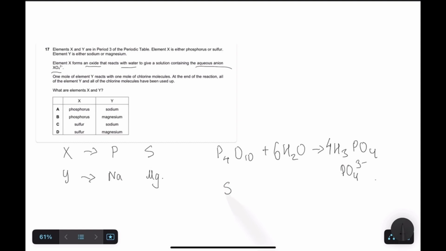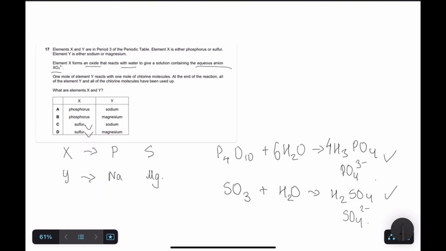And for sulfur, it forms the oxide SO3, which reacts with water to form H2SO4, sulfuric acid, with the SO4 ion having oxidation state 2-. It's already balanced. So X would be sulfur.